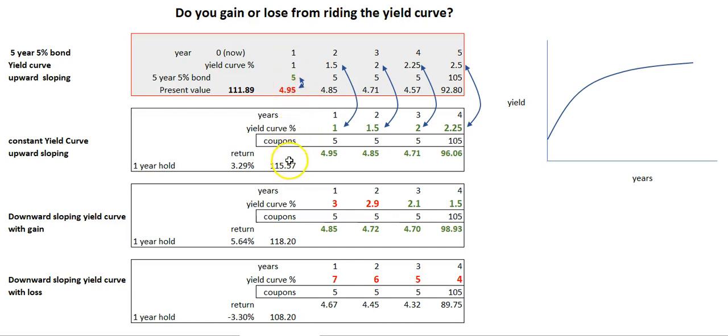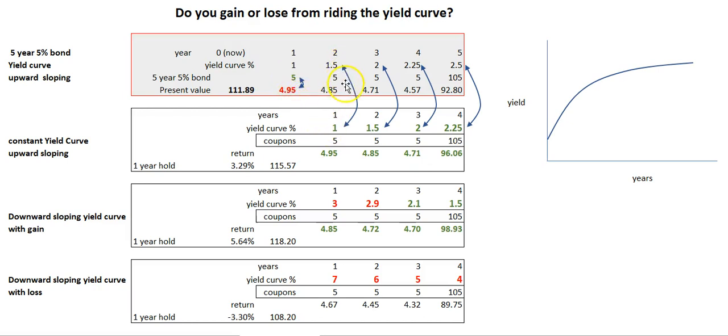And that is going to be £5. So we gain the £5 and lose the present value of that £5, which is the £4.95. So I've put green for gain and red for loss.